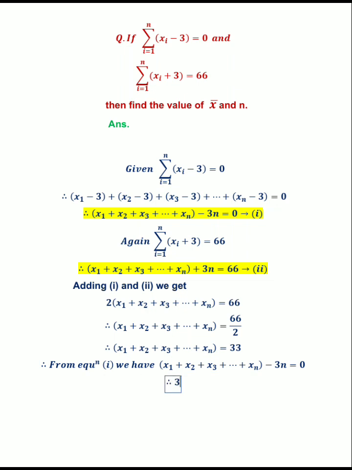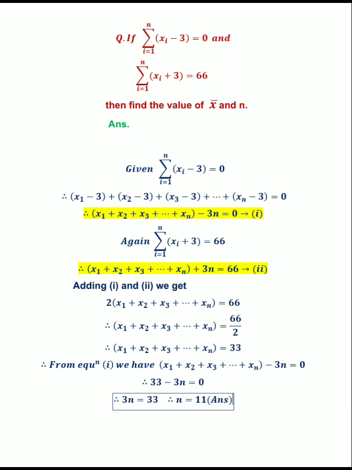So we write 33 minus 3n equals 0, meaning 3n equals 33, which gives n equal to 33 by 3, that is 11. So this is our first answer, we got our value for n.